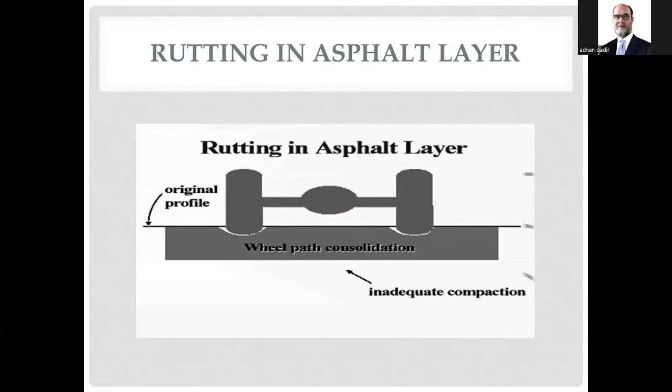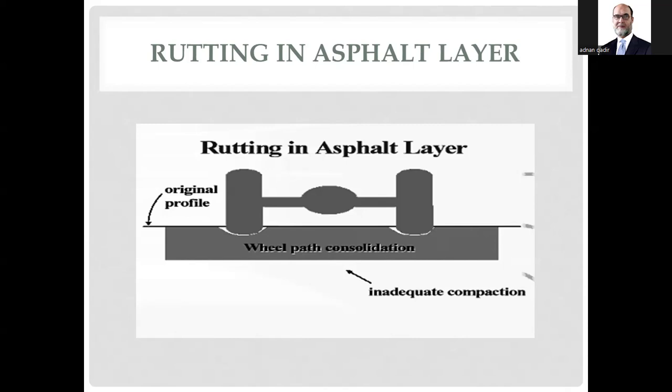There is inadequate compaction. Normally, what happens during construction is we bring asphalt at 150 degrees centigrade, we mix it, and by the time it arrives, because sometimes we have cold weather, we have wind blowing, or traffic, my loading truck is too far away.